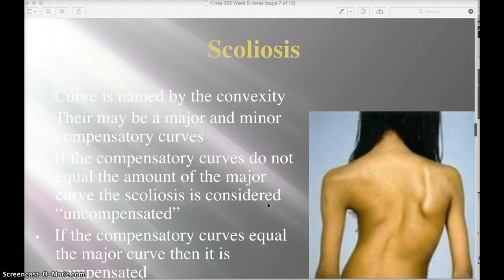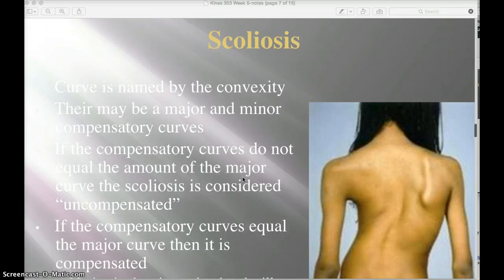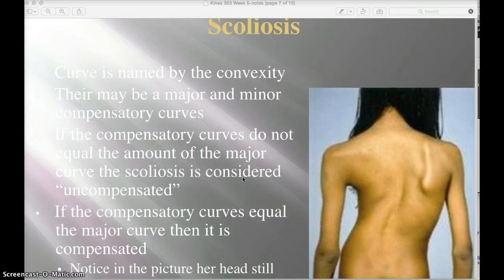The next thing we'll cover is scoliosis. A lot of you may have seen this before, or maybe you have been diagnosed with a certain severity of this. It could be very mild, or it could be severe. But according to most studies on scoliosis, there are usually major or minor compensatory curves, and the compensatory curves are there to try to correct or balance out the musculature, or the amount of weight you have on one side compared to the other.